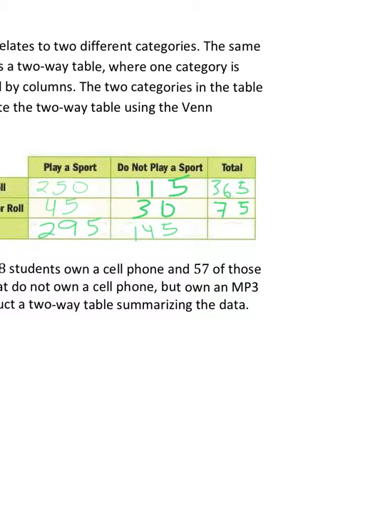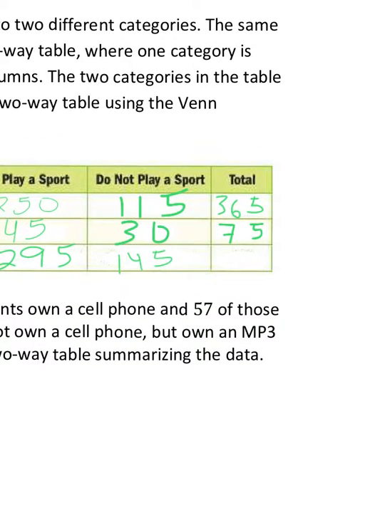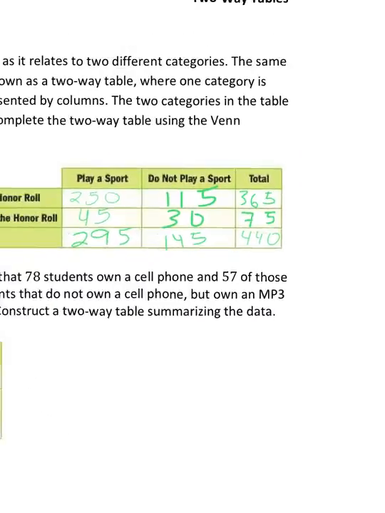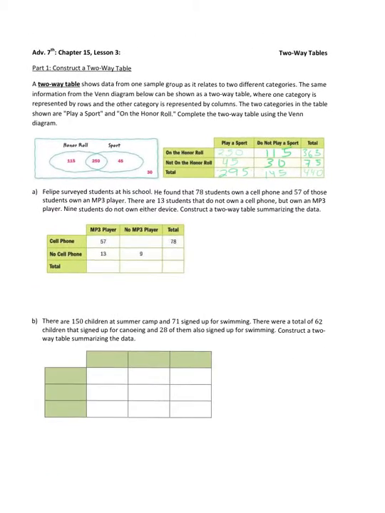So 295 and 145 is 440, I think. Check it one more time. I agree with 440. And that's taking data from a Venn diagram and putting it in a two-way table.